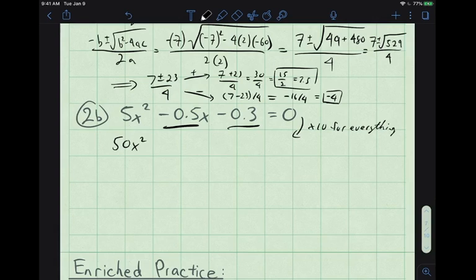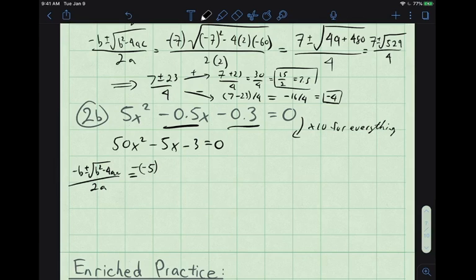We get 50x² minus 5x minus 3 equals 0. Negative b plus or minus the square root of b squared minus 4ac, all over 2a. You can get pretty far just using the quadratic formula. Completing the square, although nice to have, is not required.